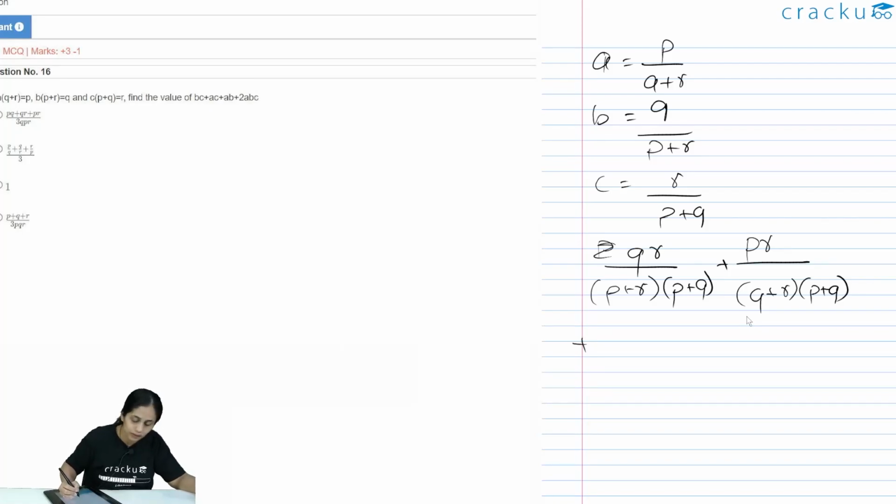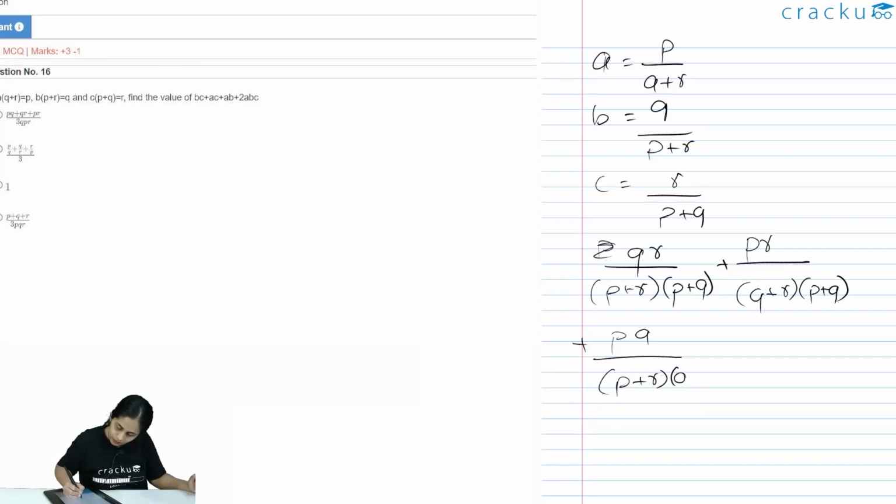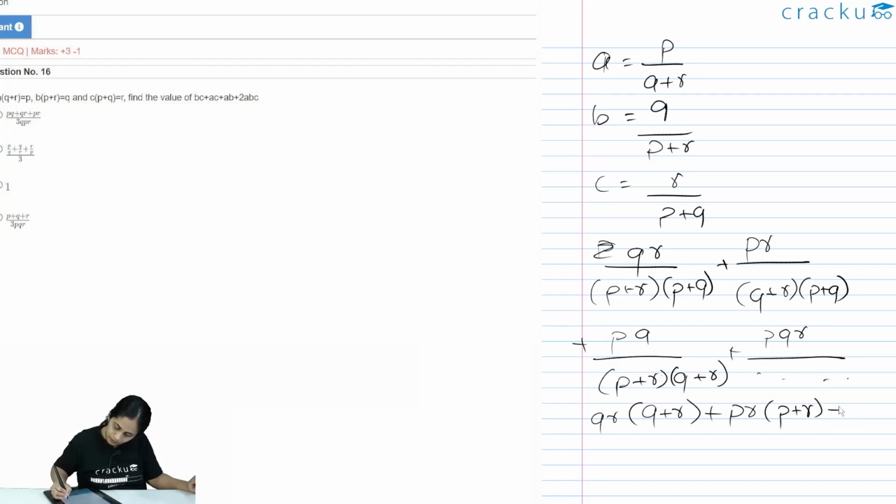AB is equal to PQ upon P plus R into Q plus R, and ABC is PQR upon this. So this is basically QR, PR, PQ. So this is Q plus R plus PR into P plus R plus PQ into P plus Q, divided by the whole thing. So this will become basically equal to Q square R.